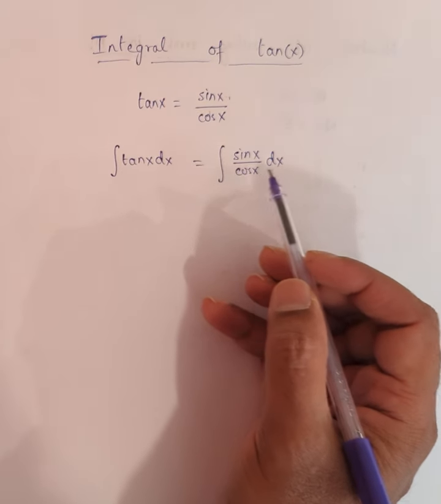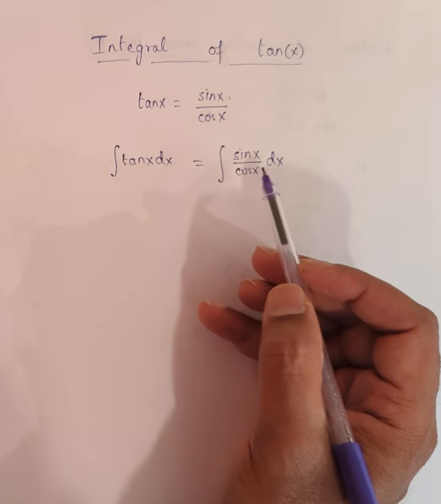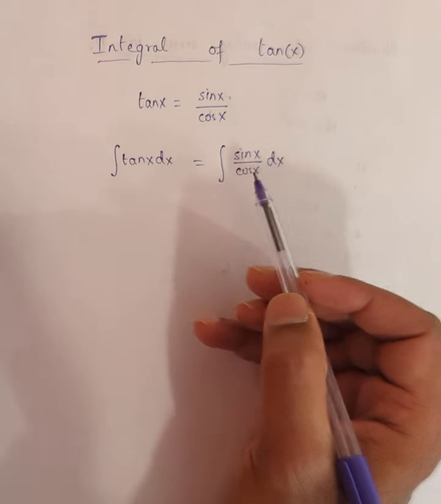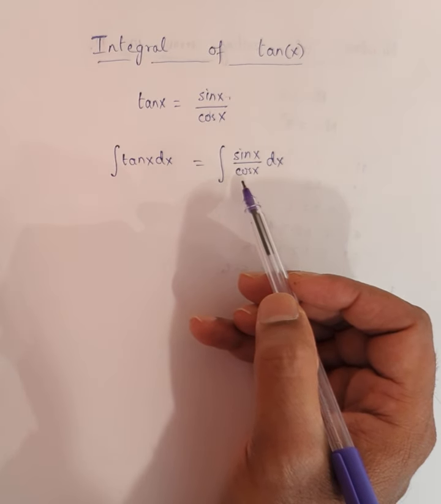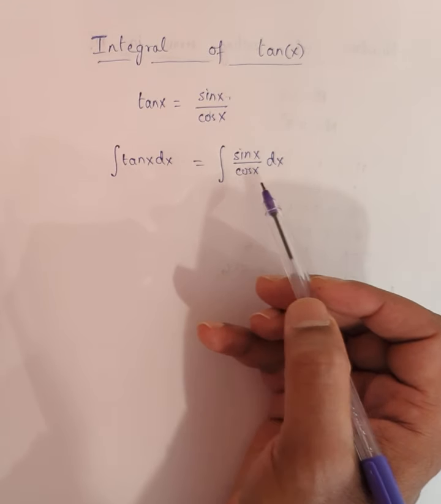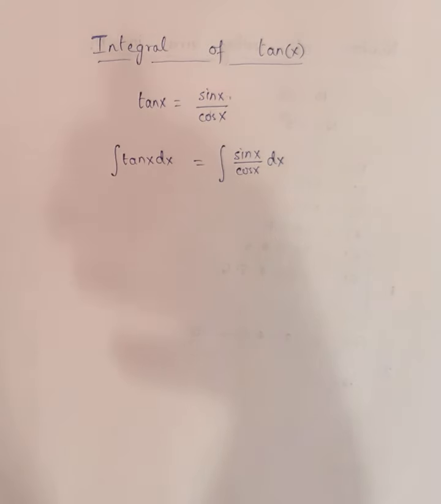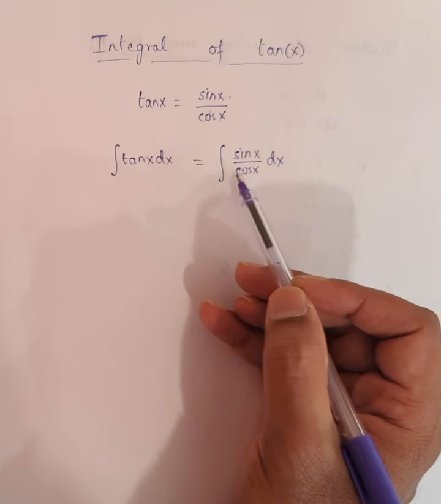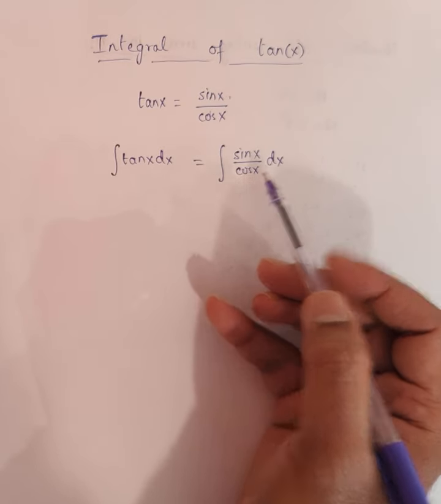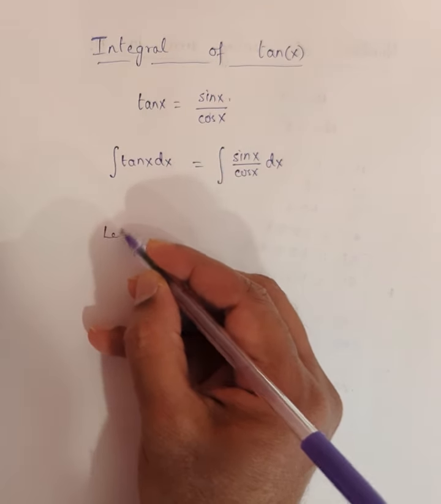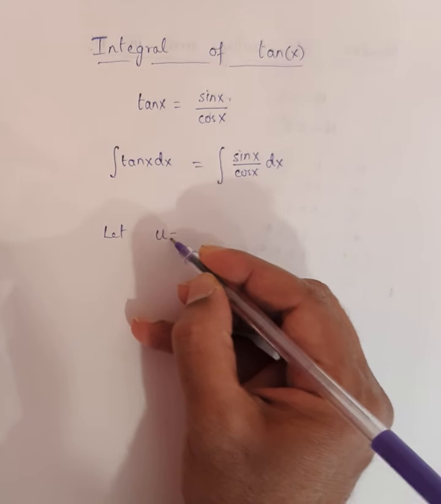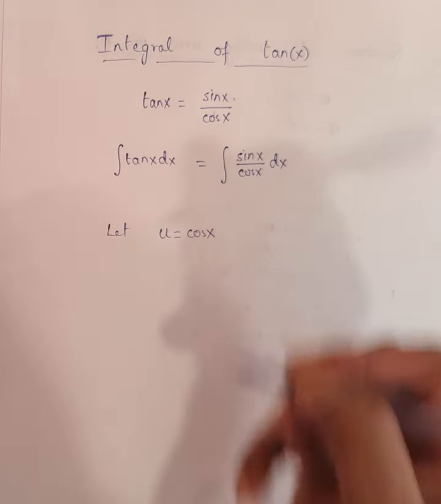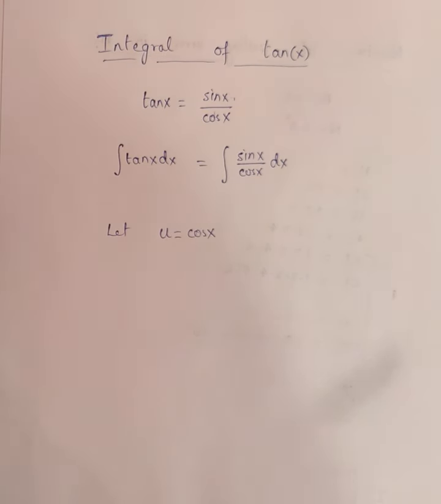Now here is what we notice. We notice that the derivative of sine is cosine and that of cosine is negative sine. And we also know that if I have something like 1 over x, then I can figure out its integral. So if I let the denominator, I don't want to have cosine x, but I want to have just another variable, u.